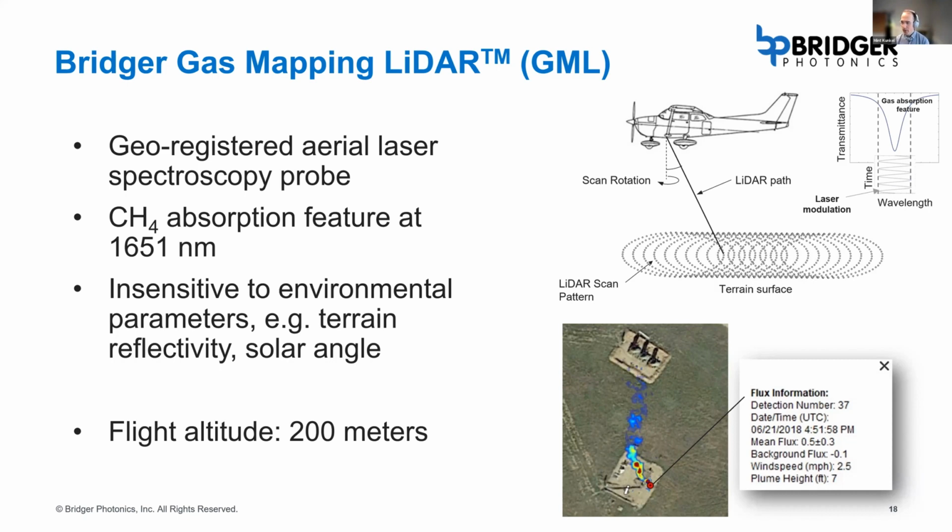What this does is measure gas concentration as a function of position, and coupled with every detection is information like plume height and wind speed, which is used to calculate the gas flux.